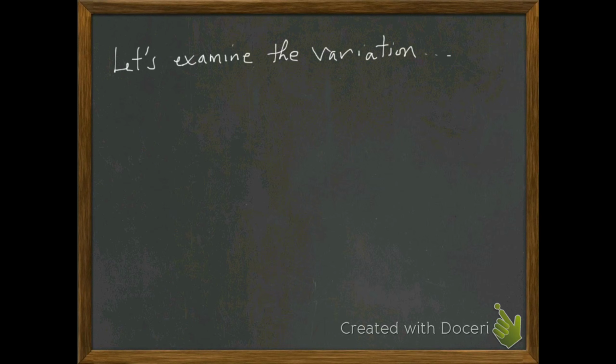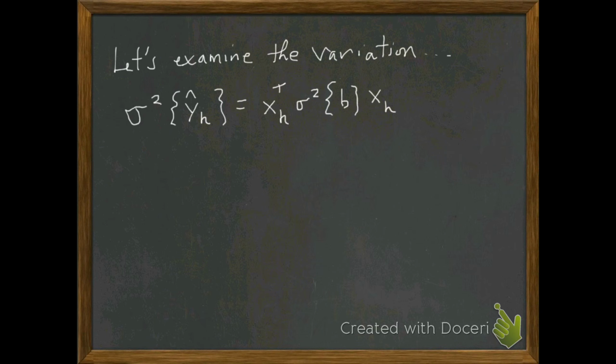And guys, the variation here is going to be X_h transpose times the variance of our beta times our X_h.